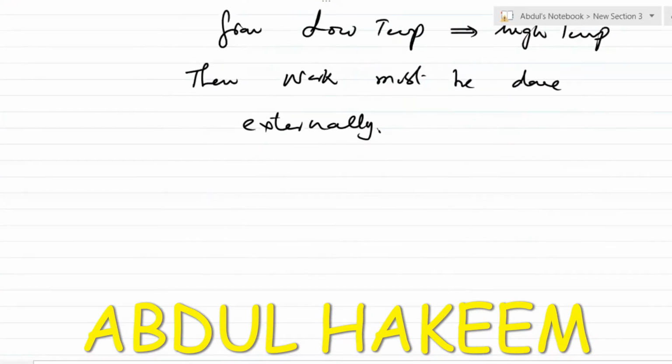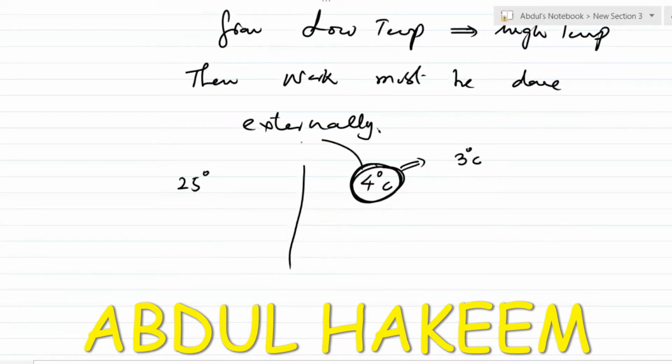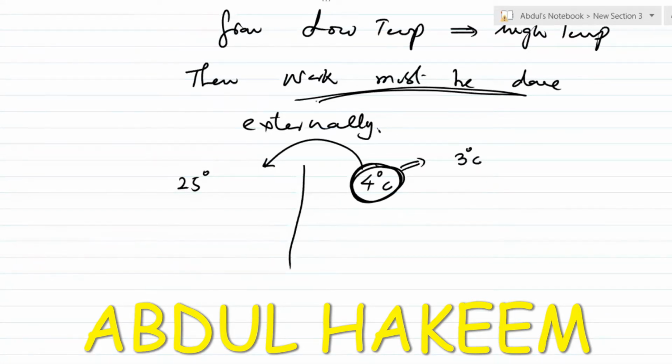Outside the refrigerator, suppose the temperature is 25 degrees Celsius and inside it is 4 degrees Celsius, and the refrigerator is set at 3 degrees, so the heat is flowing from the 4 degrees Celsius object to the 25 outside, so the work is done, mean the machine is working, the refrigerator is working, and we are paying for it.